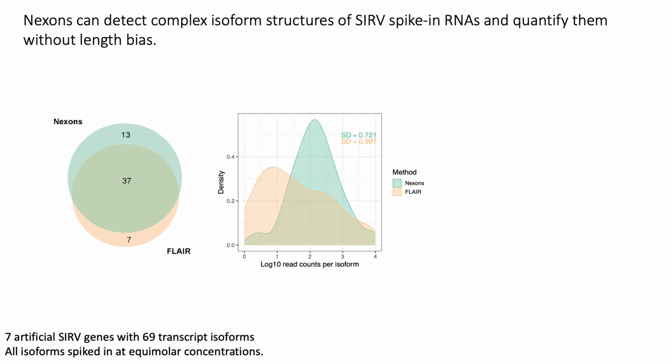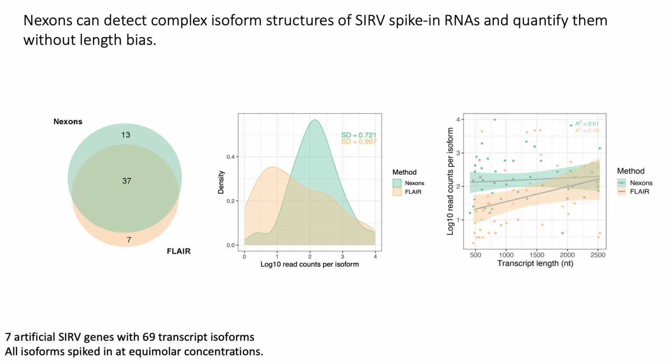We then compared the quantification of the detected isoforms in both tools, and we demonstrated that Nexons can detect isoforms with higher read counts in a uniform trend, while FLAIR showed a lower read count distribution quantifying these isoforms.